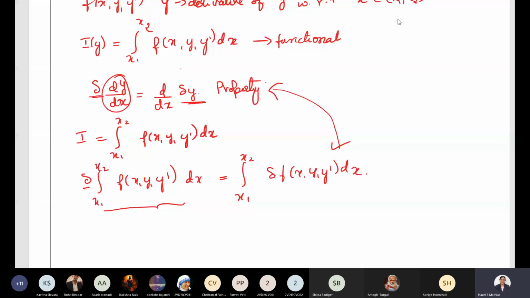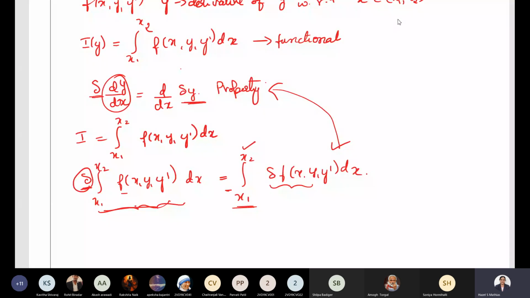Now what we can say with this is that the variation of a functional with f of x comma y dash is equal to the functional associated with the variation of f. Functional is represented in terms of this definite integral.